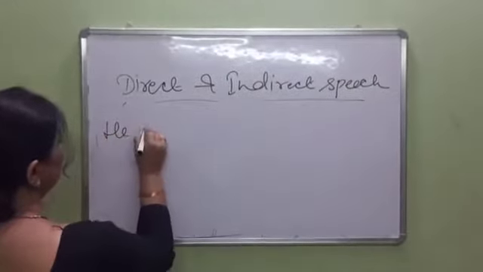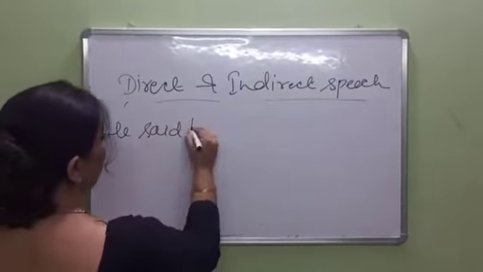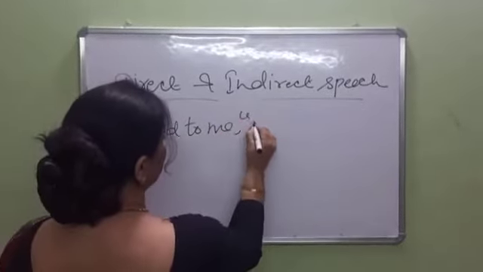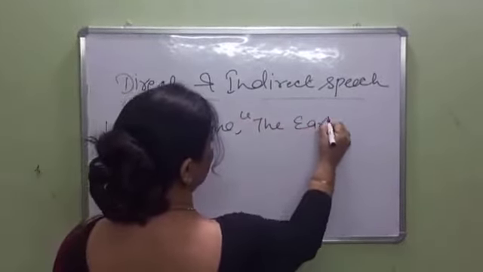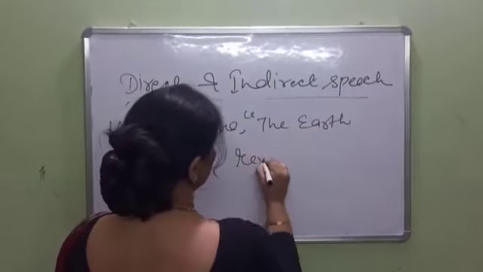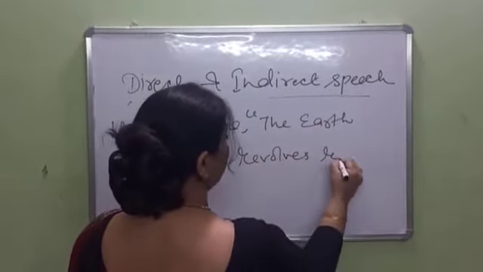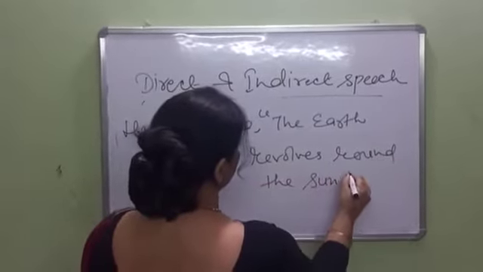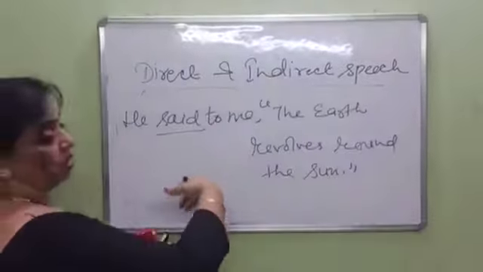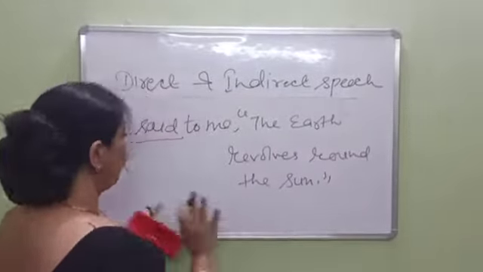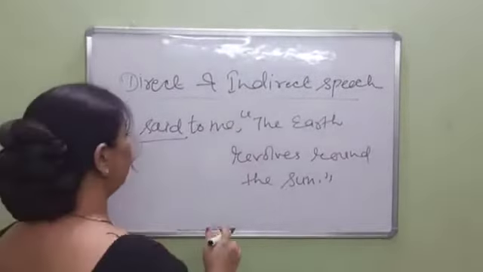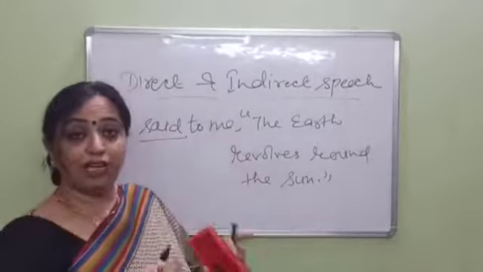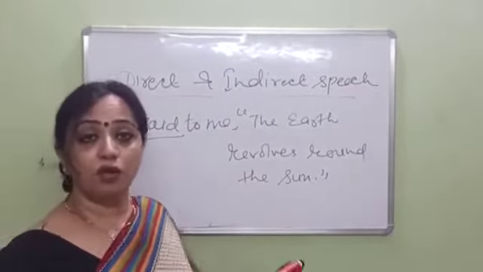Just like "He said to me, the earth revolves round the sun." Now, I told you that if you are given the verb in past tense, then the changes are going to be there. But another thing to remember: habitual truth and universal truth are never going to change.